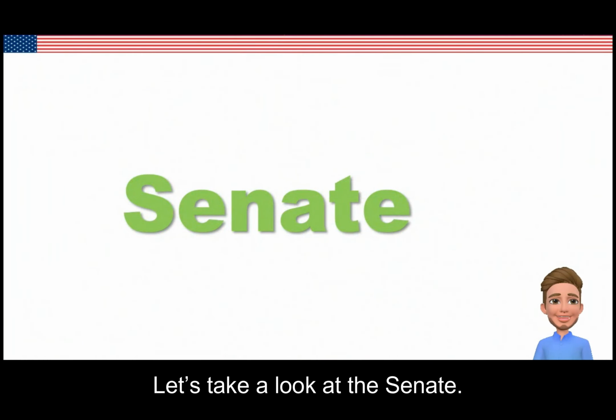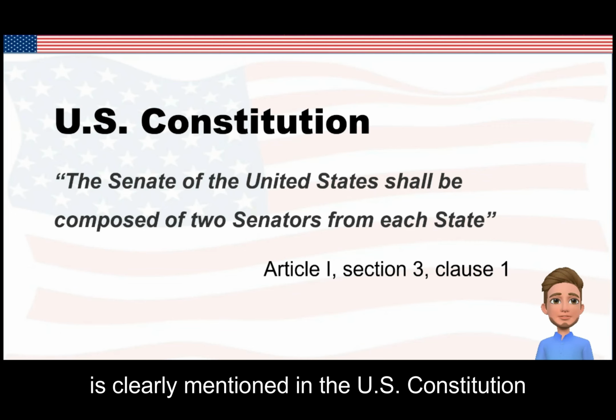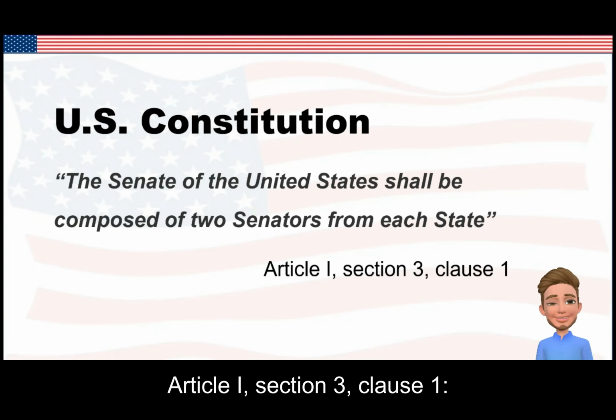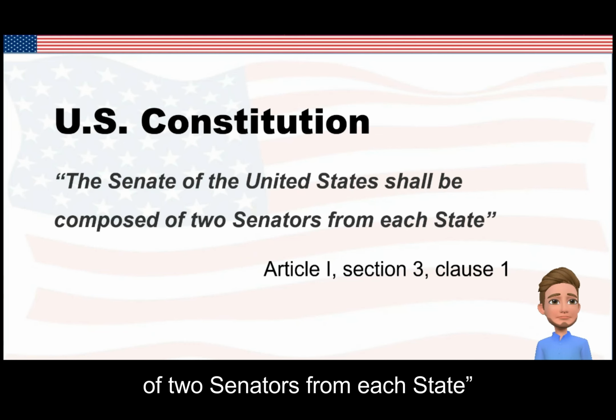Let's take a look at the Senate. The number of seats in the Senate, unlike the House, is clearly mentioned in the U.S. Constitution, Article 1, Section 3, Clause 1. The Senate of the United States shall be composed of 2 senators from each state. Crystal clear.